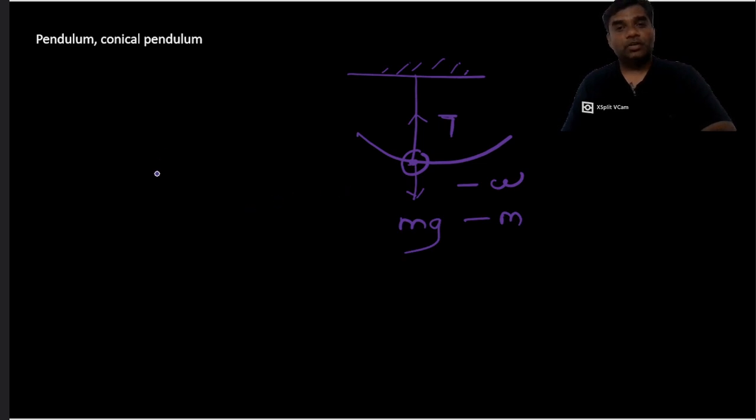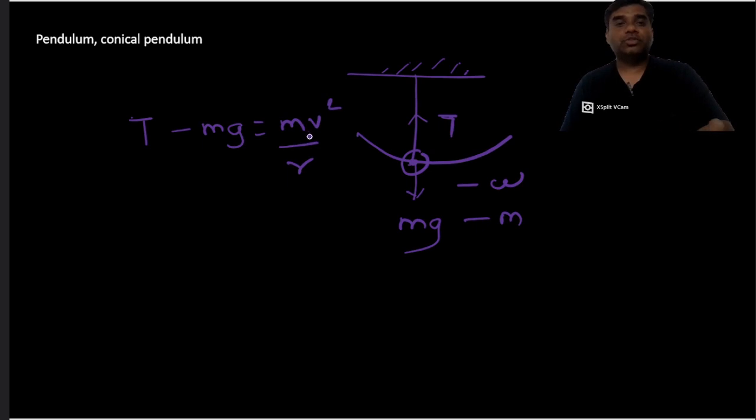Now the centripetal force is the force responsible for keeping a body in a circular track. So we can write T minus mg. You should know how to make the equation. T minus mg equals m v square upon r.